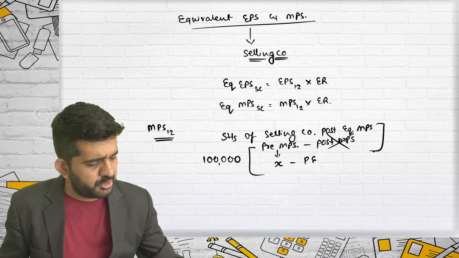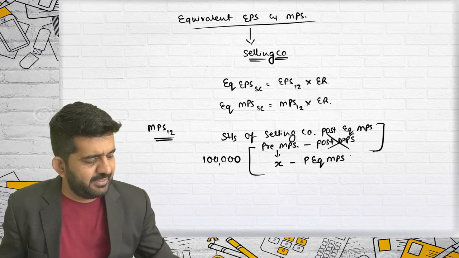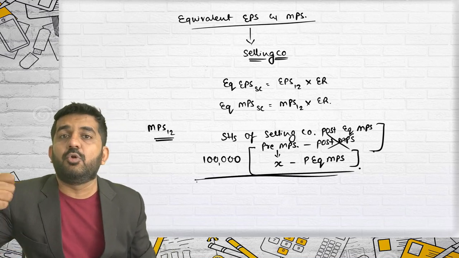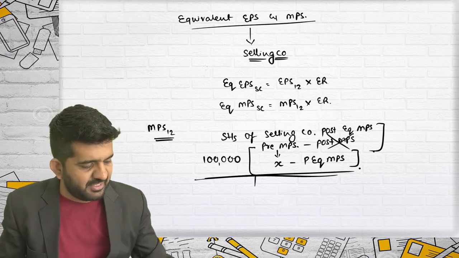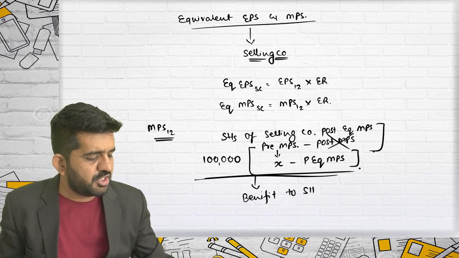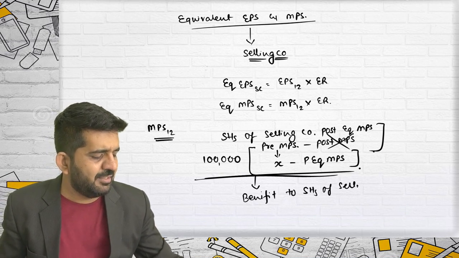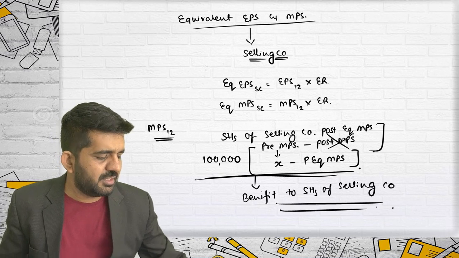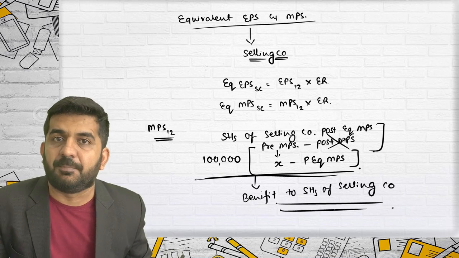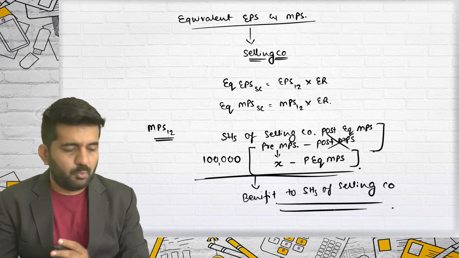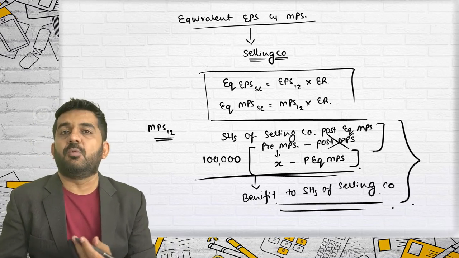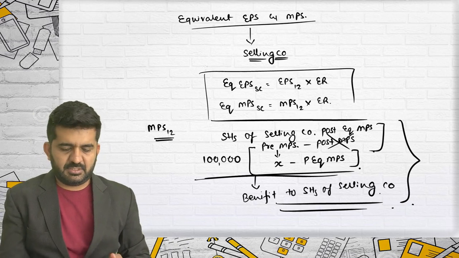If you compare this and multiply by their number of shares which they were holding in the selling company, you directly get the benefit to shareholders of the selling company. So it is termed as equivalent, so that you can easily compare it with pre and get your answer of post. Also, I have explained the use of equivalent EPS and equivalent MPS.